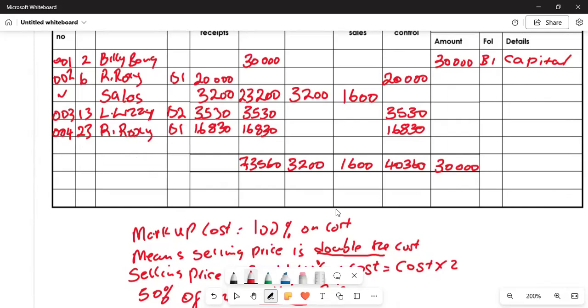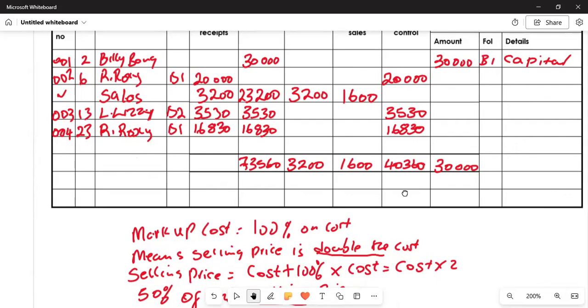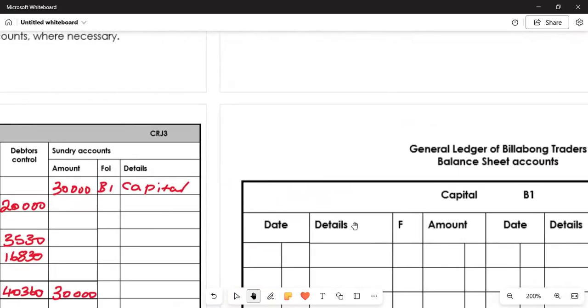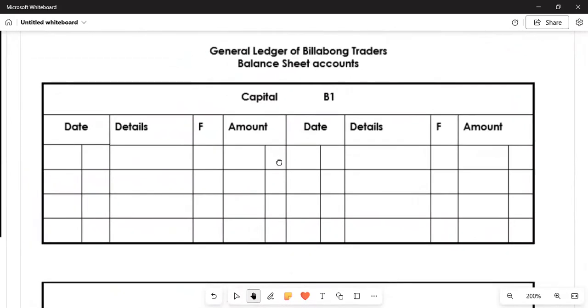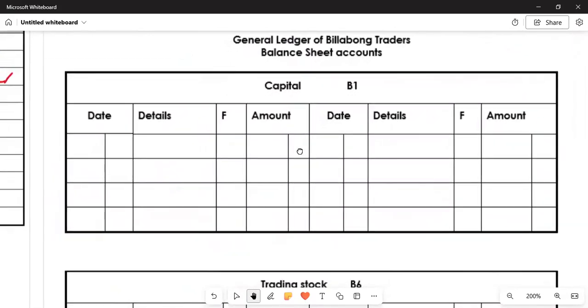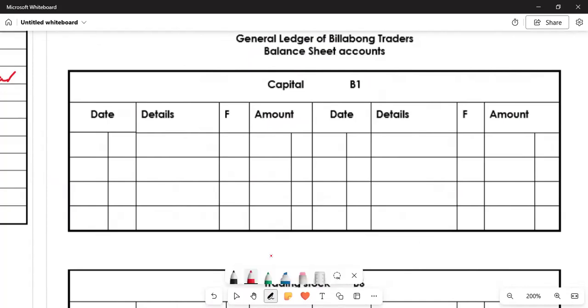So now we are to move on to the general ledger of Billboard Traders, whereby we are going to start by capital. We're going to do the general ledger of Billboard Traders, balance sheet accounts.